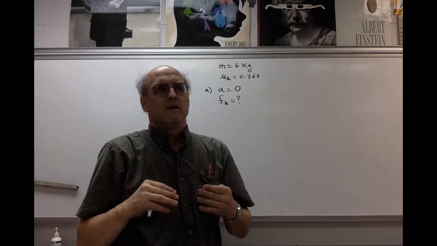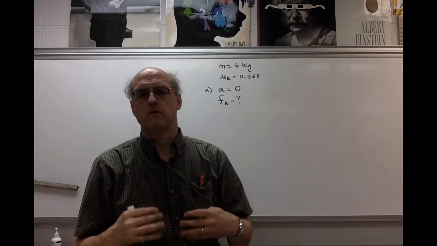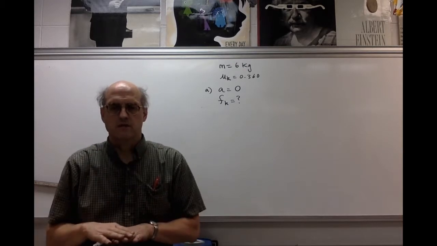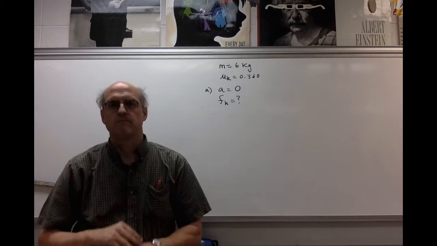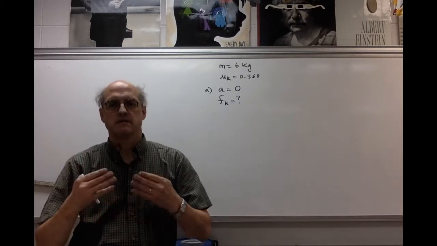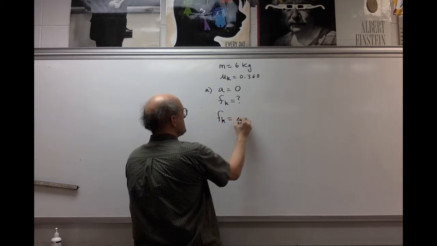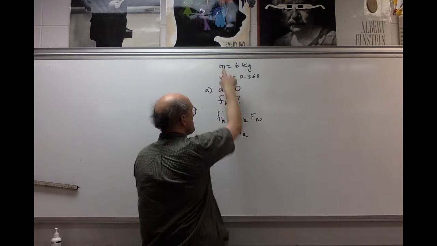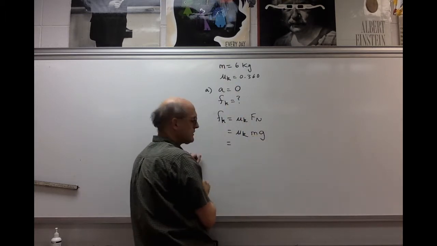Well, kinetic friction only occurs when there is relative motion between two surfaces in contact. So the box is sliding, the elevator is stationary, so the equation Fk is equal to mu k times the normal force becomes mu k times the mass of the box times the acceleration due to gravity.